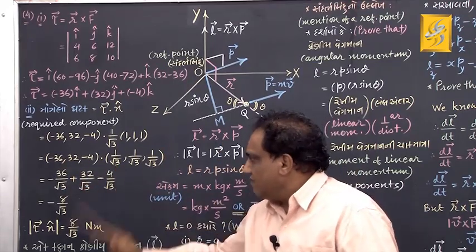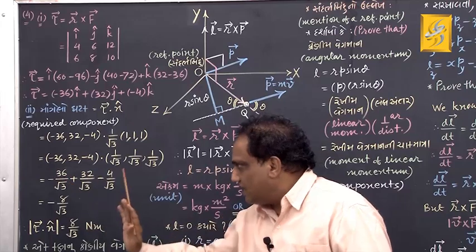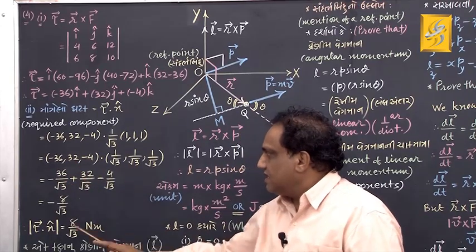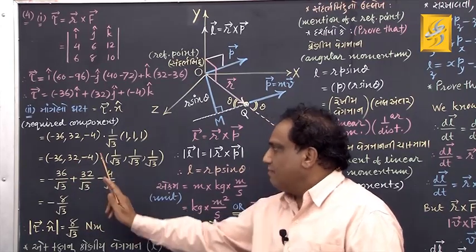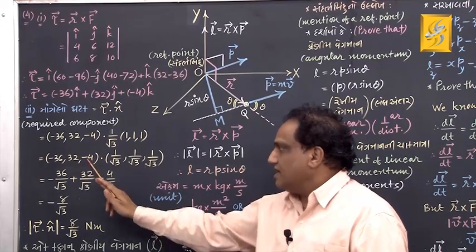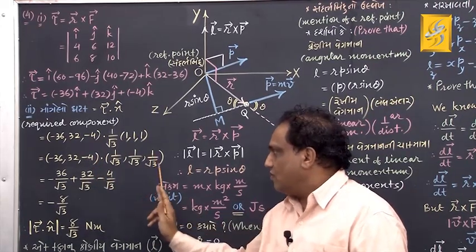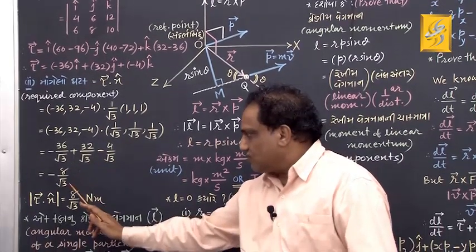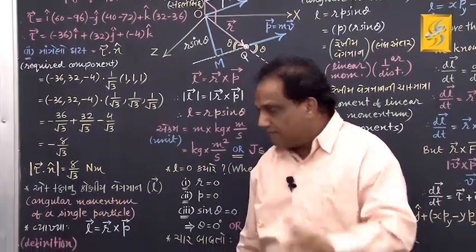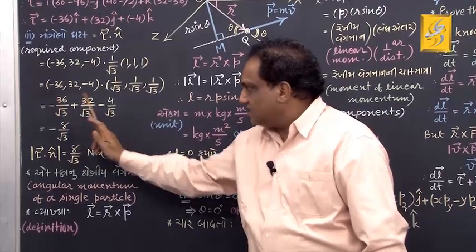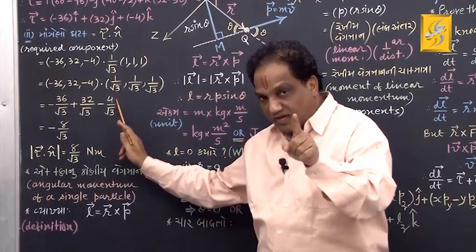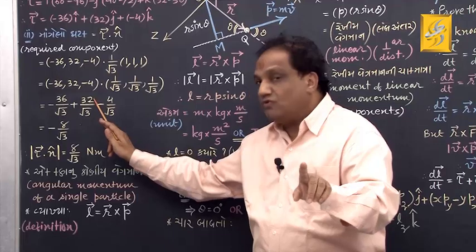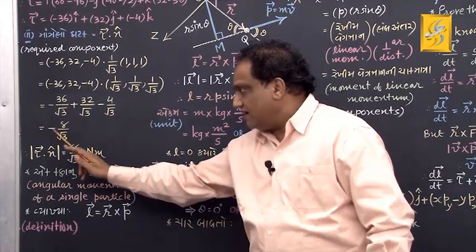This into this will give you minus 36 upon root 3 plus this into this, that is 32 upon root 3, plus this into this, but here it is minus, so minus 4 upon root 3. Now root 3, root 3, root 3, so in the LCM it will be root 3, and minus 36 minus 4 is minus 40. Minus 40 plus 32 will give you minus 8.